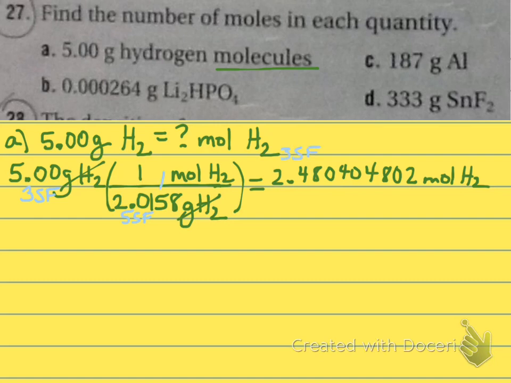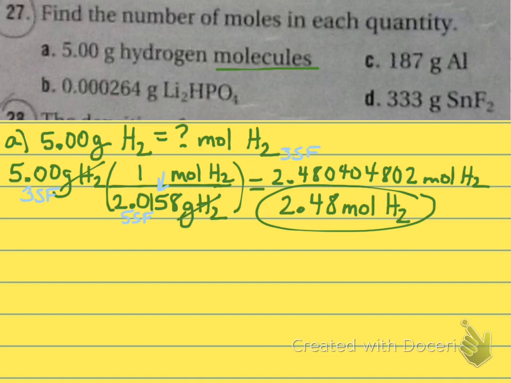And I want to make sure here that I use at least 3 significant figures. So my answer with 3 significant figures would be 2.48 moles of hydrogen. Again, if you get 2.49, 2.50, 2.51, that's all fine. And this conversion factor, remember, by the way, was our molar mass conversion factor.